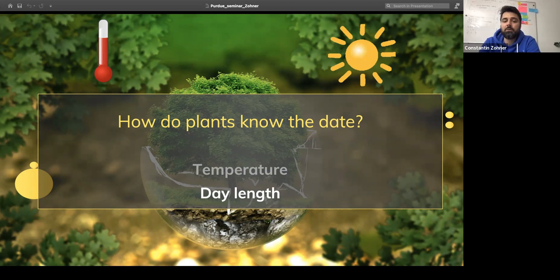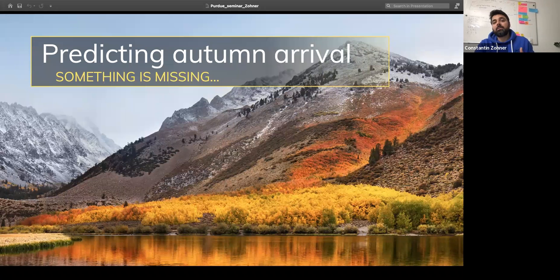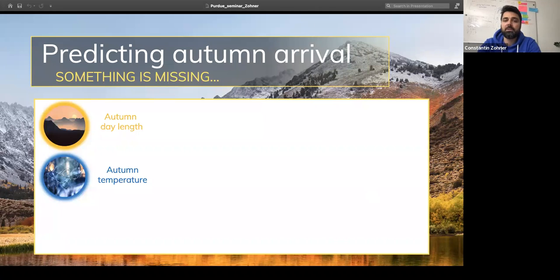And one obvious cue is day length, meaning that the shorter the days in autumn, the more likely plants are to undergo senescence. And these are the two main drivers that people have previously used to predict autumn senescence.